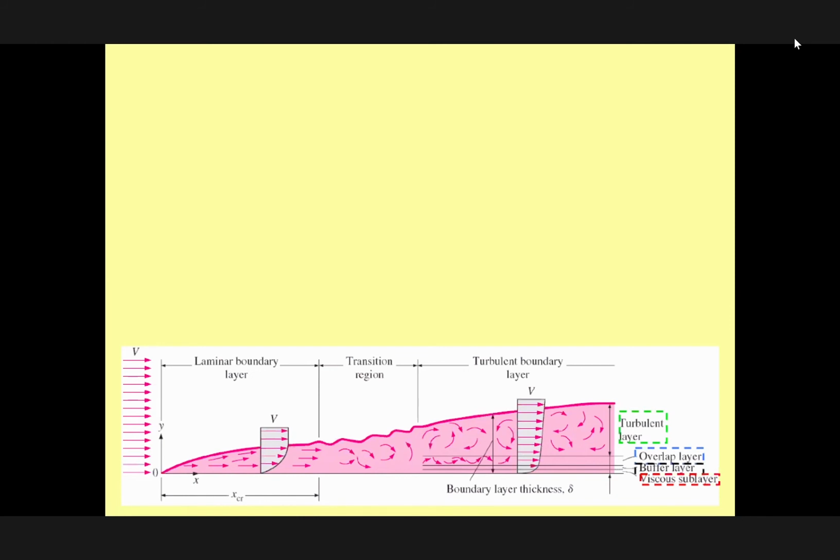Because of this phenomenon, here the velocity is slowly increasing, because here is still under the influence of the viscosity. After this line, the velocity is not influenced by the viscosity. Therefore, the velocity here is the same as here. But in this layer, the velocity is less than this velocity. This is the maximum velocity, okay? Okay, I see. Thank you. No problem, sir.